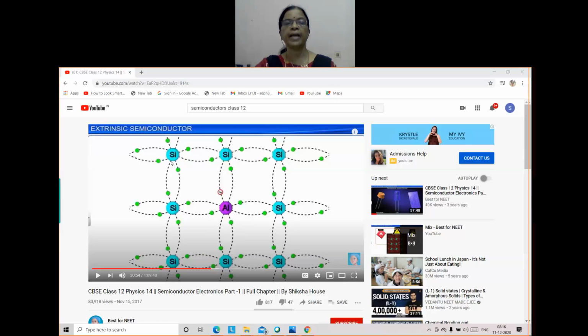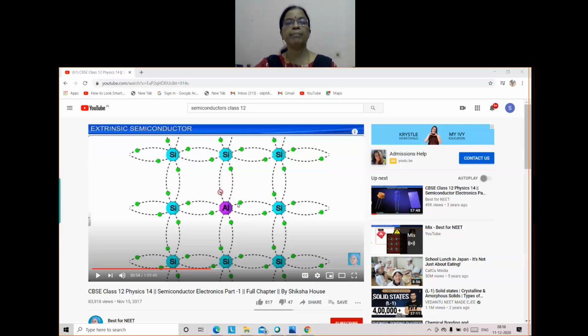Then that hole will be created here. When this electron comes and fills this hole, recombining with this hole, a hole is created there. Like that, another bond breaks, an electron comes and occupies that place, then the hole comes here. So, we can see holes are moving along with electrons, and both are charge carriers in a semiconductor.